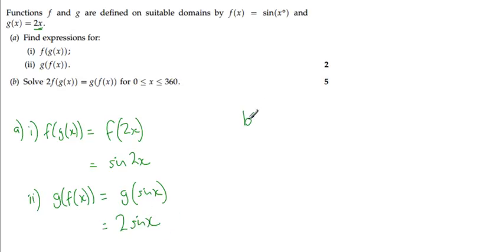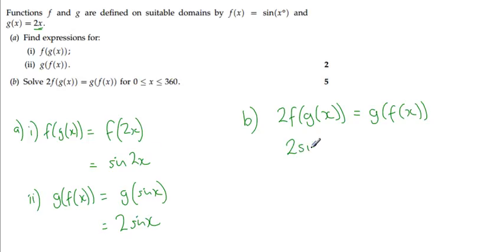And part B, we need to solve 2 f of g of x equals g of f of x. So that really means 2 lots of sine 2x is equal to 2 sine x. Okay, you're solving that. Now again, 2 different trig functions, one with a double angle.